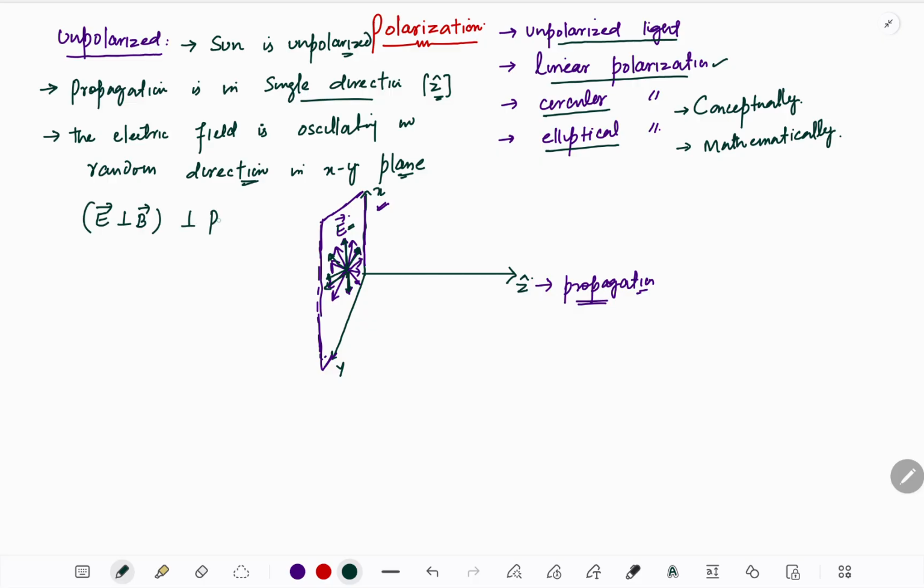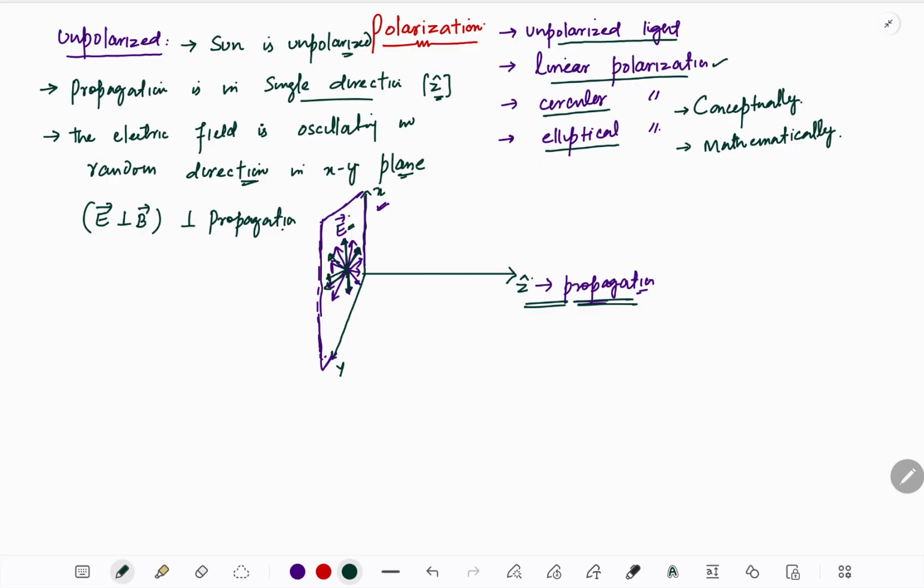So here the propagation is along the z direction. Then the electric field will oscillate in the xy plane, but in random directions. It will be oscillating in the whole plane, but in such a way that it is perpendicular to the propagation.